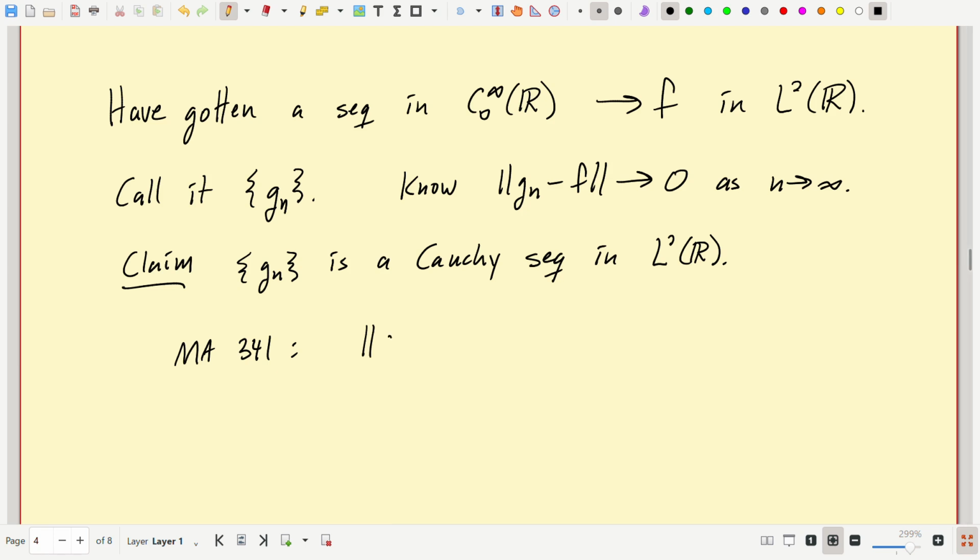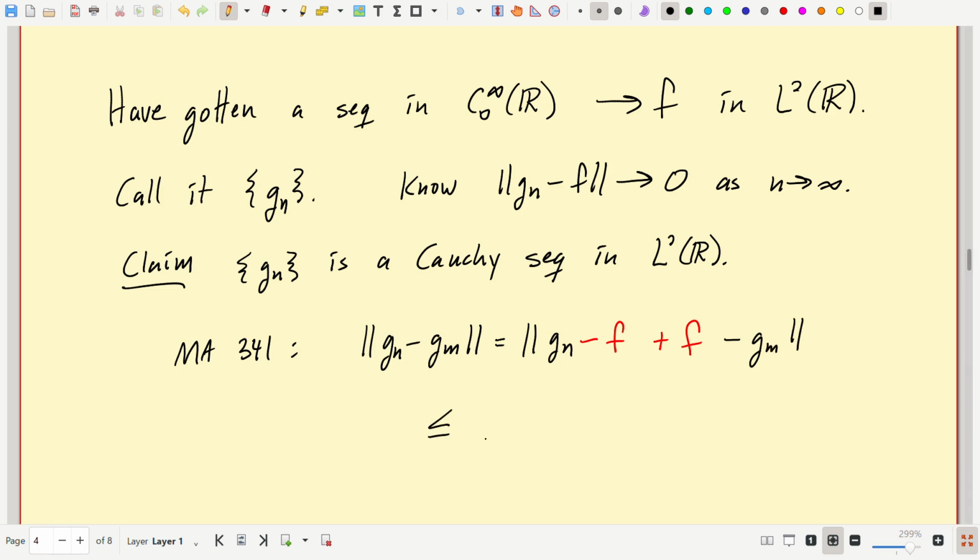I want to see it's Cauchy, so I want to take Gn minus Gm, and show that, give me an epsilon, I want to make that small when n and m are bigger than something. And so if it converges to f, then I can do the classic thing of subtracting and adding an f: minus f plus f minus Gm.